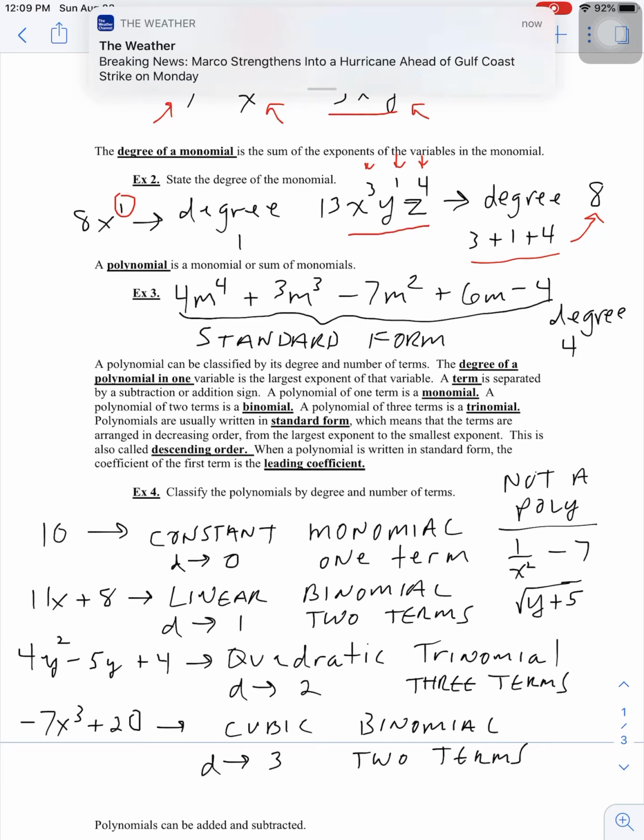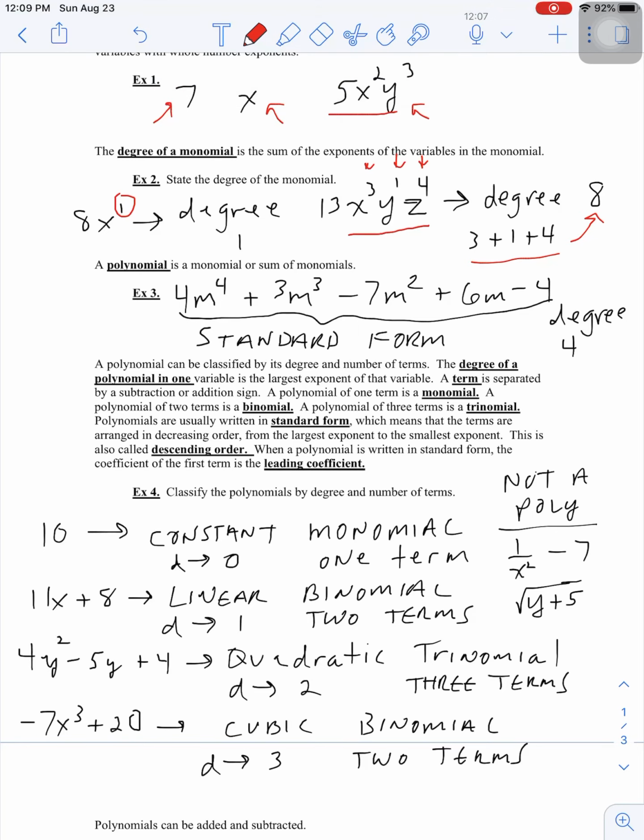And what I ended up doing is basically wrote 4m to the fourth plus 3m cubed minus 7m squared plus 6m minus 4. Okay, this is what they call written in standard form, and I'll talk a little bit more about that in a second or two.